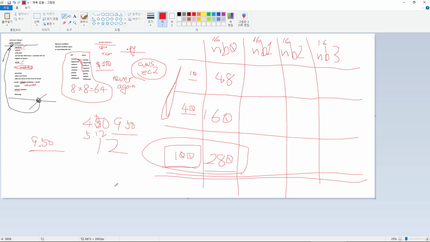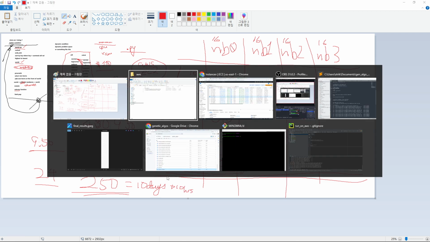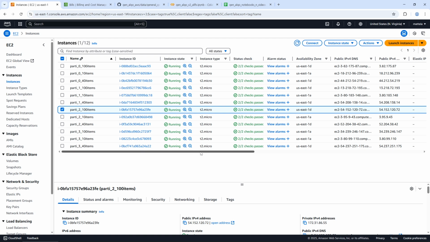I only have like 250 hours to go, because around 24 hours have passed. 250 hours, that's 10 days plus 10 hours. So that's what these EC2 instances are doing right now, and they are horribly slow.